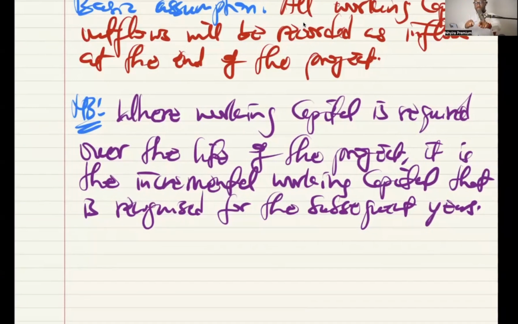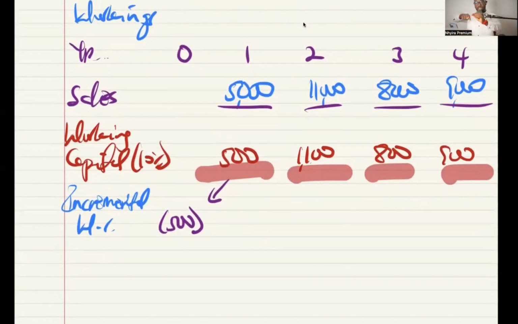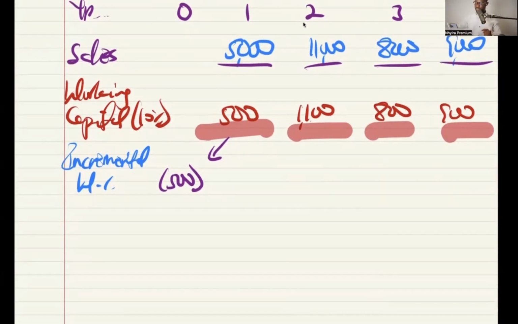It is the incremental working capital that is recognized for the subsequent years. So for the subsequent years, we don't bring the 1,100, we bring the incremental, the change. So 500 has now increased to 1,100, giving us a difference of 600. That is what will come to year 1.